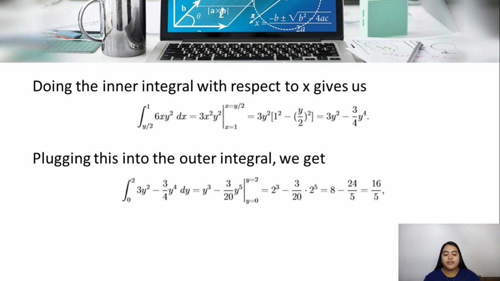That equals 2 cubed minus 3/20 times 2 to the power 5, which equals 8 minus 24/5, which equals 16/5, the same answer we got the first time in the example.